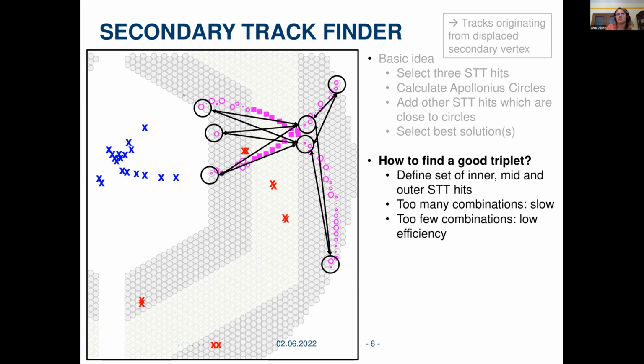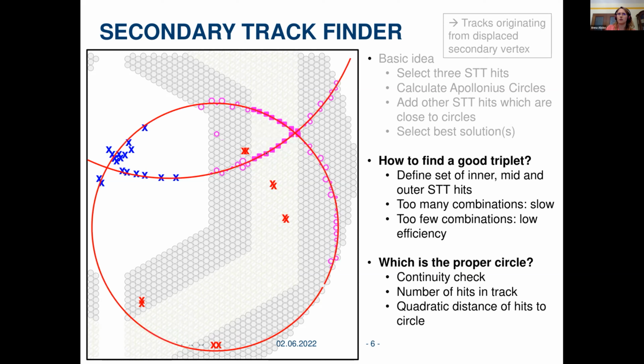Therefore, I defined a set of inner STT hits, a set of outer STT hits, and a set of mid STT hits, and calculated the combinations of these sets. To further reduce the number of combinations, I force all tracks to be continuous in the STT. And to decide which one is the true particle track, I use the number of hits in a track and the quadratic distance of hits to the circle.